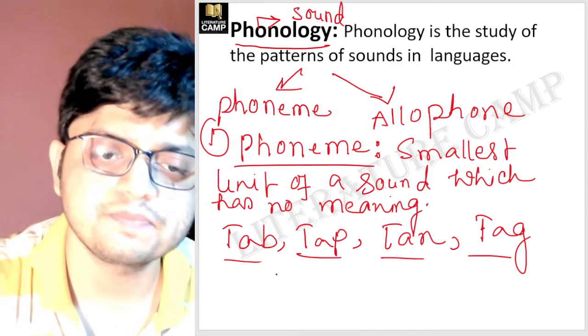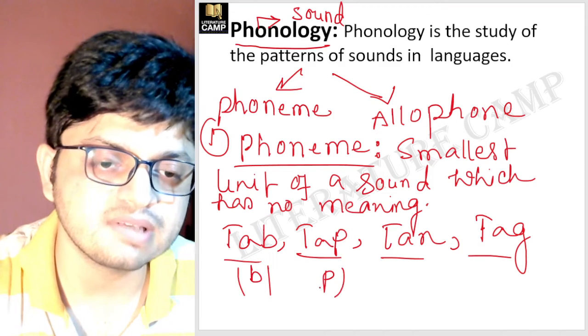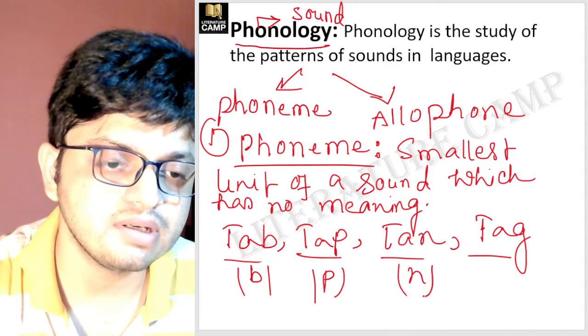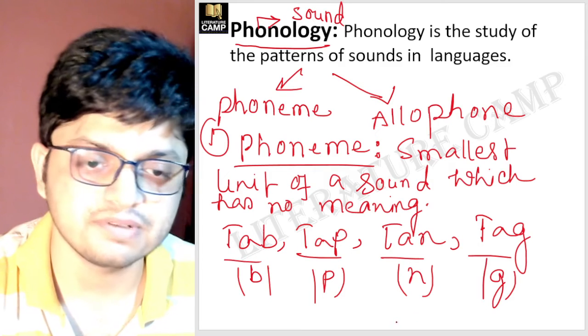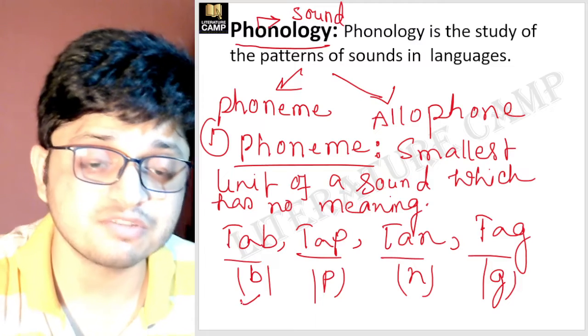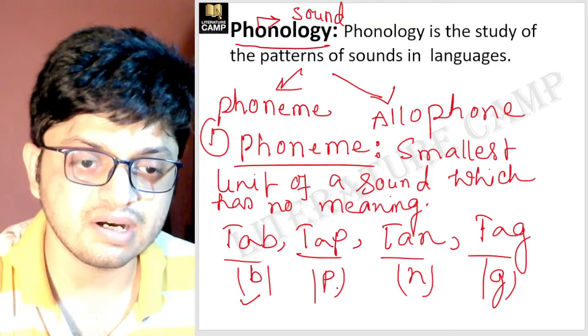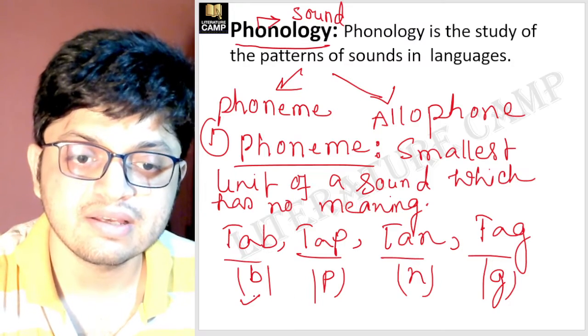What is phoneme then? B sound, pa sound, na sound, ga sound. These are all sounds. That is the smallest unit of a sound. B, pa, na, ga.